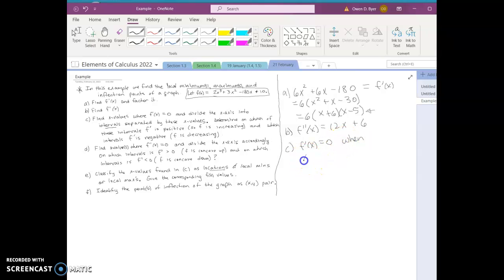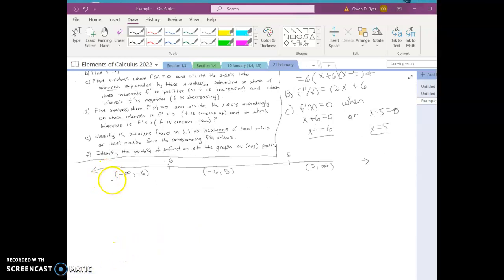So when x, of course 6 is never 0, but when x plus 6 equals 0, that gives x equals negative 6. And when x minus 5 equals 0, that gives x equals 5. Okay, so these are these two places where the first derivative is 0, and we'll see later that those are points where we either have a relative min or a relative max.